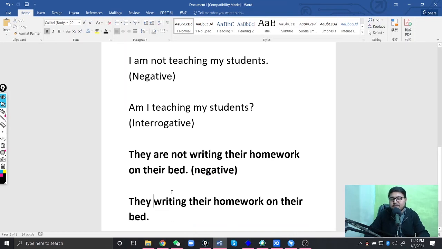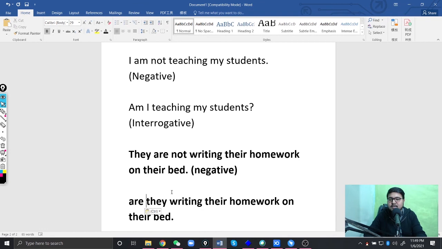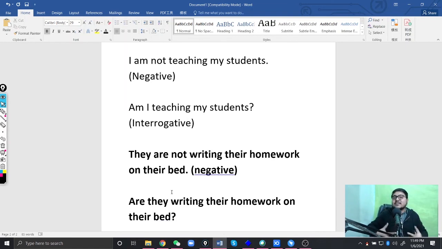Just remove are from here. Put they at the second place, and are should be at the beginning, and then put the question mark at the end, and this is your interrogative sentence. Wasn't that so easy peasy? So this is your interrogative sentence.